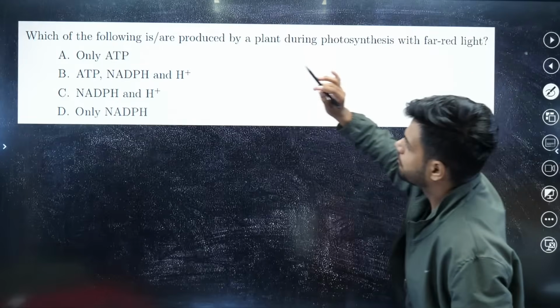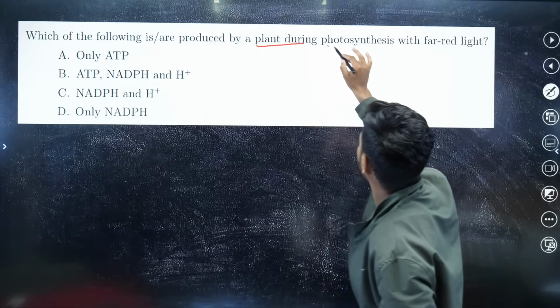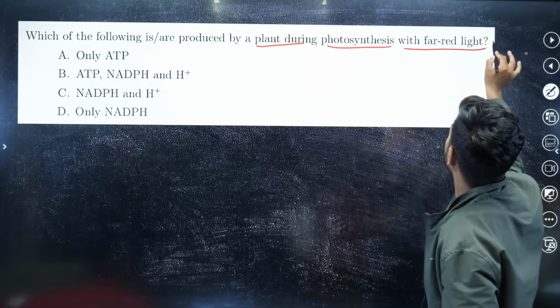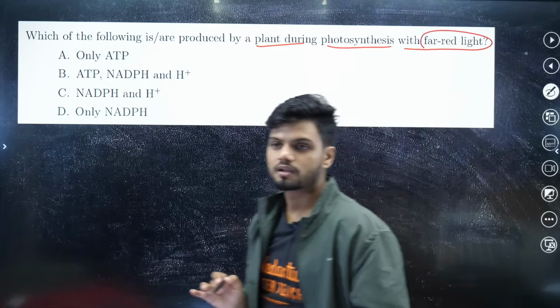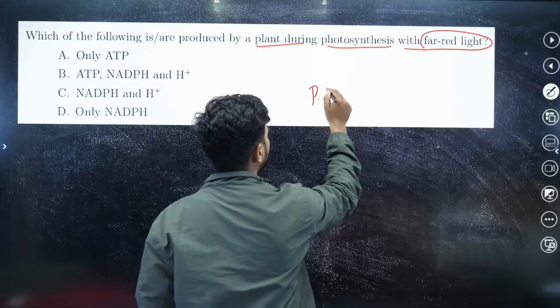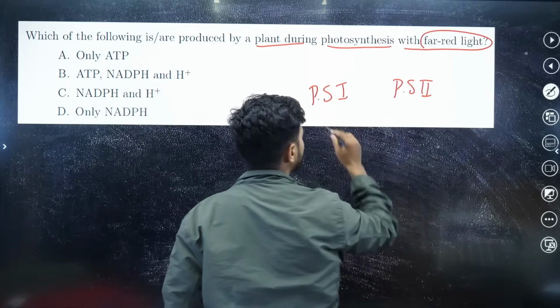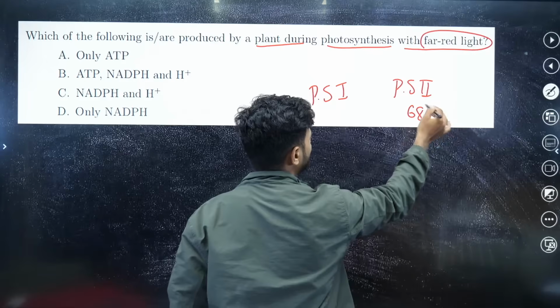Next question. Which of the following is or are produced by the plants during photosynthesis with far red light? So students, all of you should know there are two types of photosystem. We have photosystem 1 and photosystem 2. Photosystem 2 works at 680 nanometer.